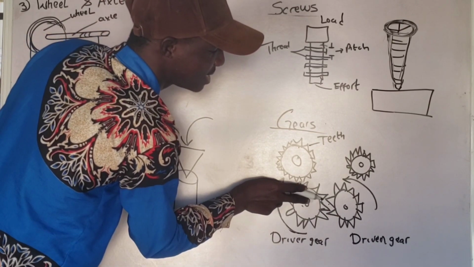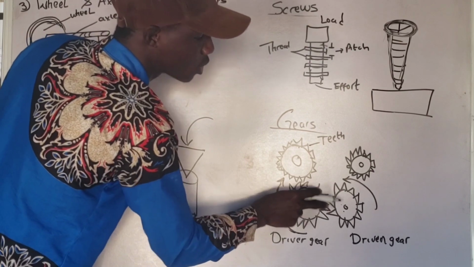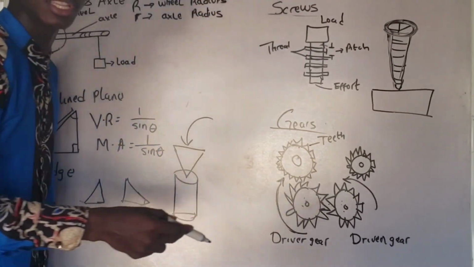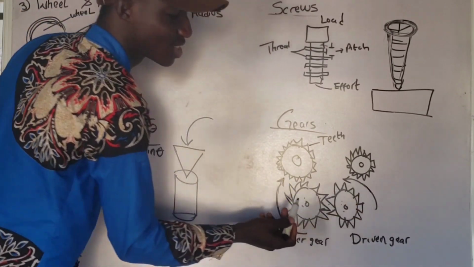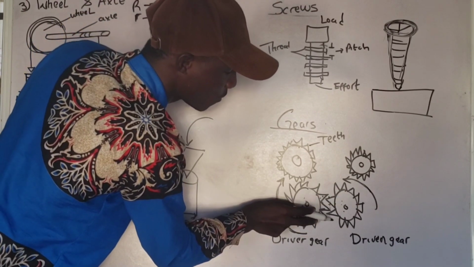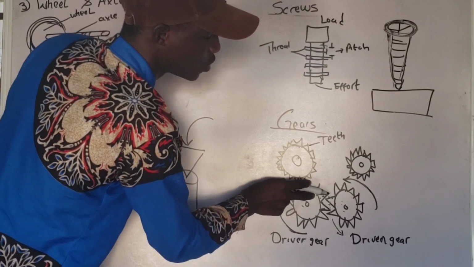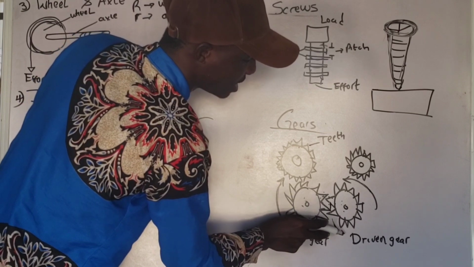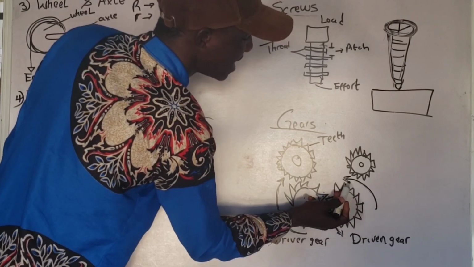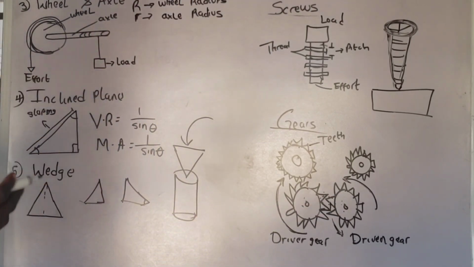Because its teeth are meshed with the teeth of the driven gear, it will force the driven gear to move too, in this direction, clockwise. So the driven gear will be rotating in a clockwise direction. If you don't understand, listen to the explanation again.